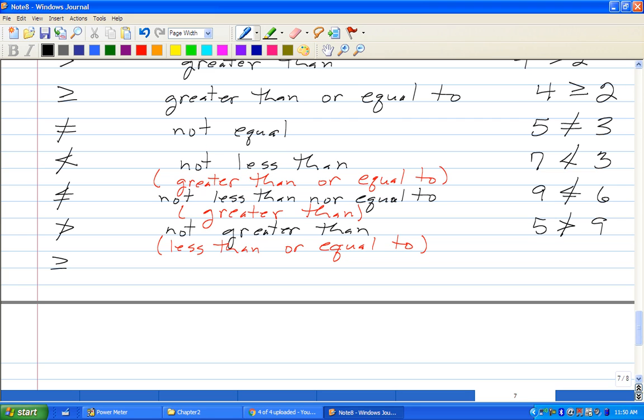Not greater than or equal to. So 4 is not greater than or equal to 11. This is the same as less than. If you're not greater than or equal to something, then you must be less than it.